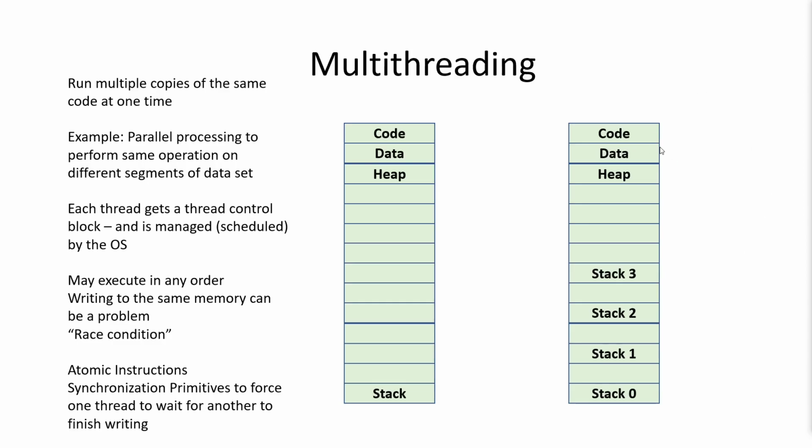Thread 2 may write whatever it wants to the data up here, and then when it's finished, it switches back to thread 3, and that'll overwrite whatever change thread 2 made, which gets its own stack. This is known as a race condition because two different threads are racing to write to the data, and if they're interrupted during their write step, we've got problems.